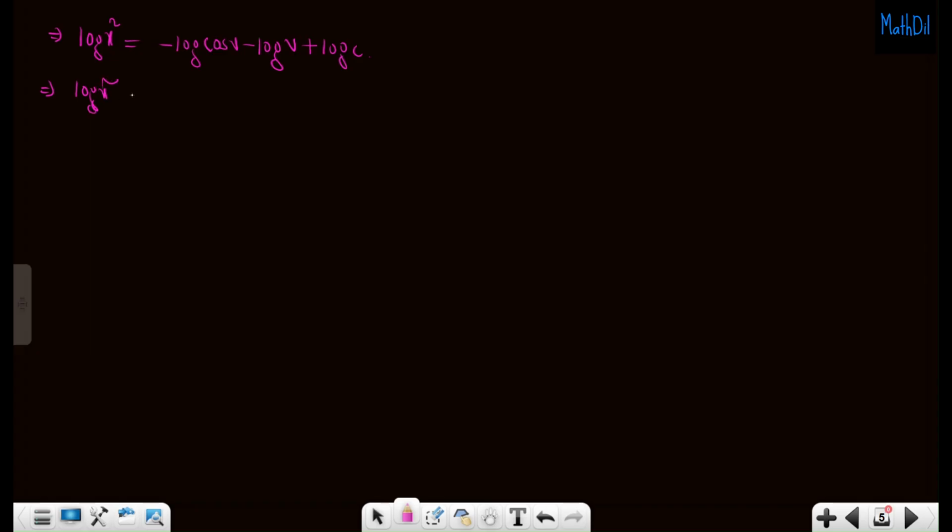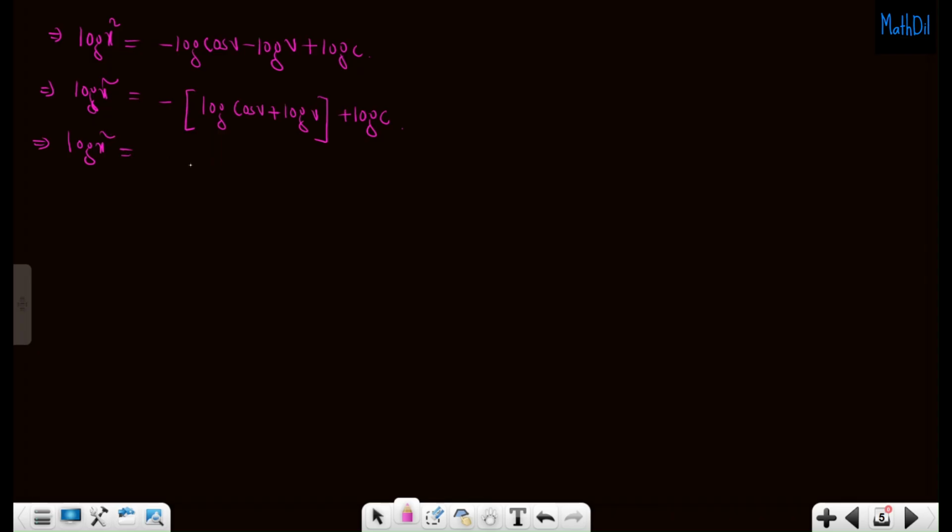Log x square is equal to, take minus common, so what will you get? You will get log of cos v plus log of v plus log of c. Clear? I hope I am able to make you clear everything.